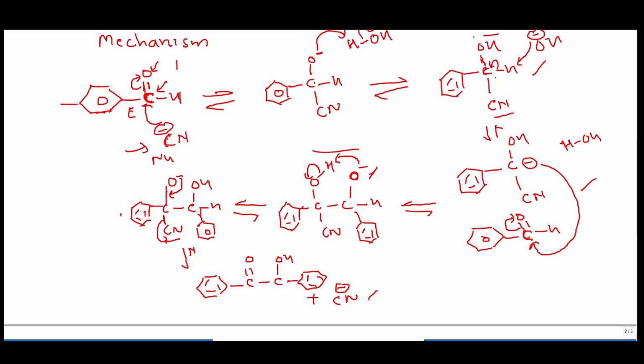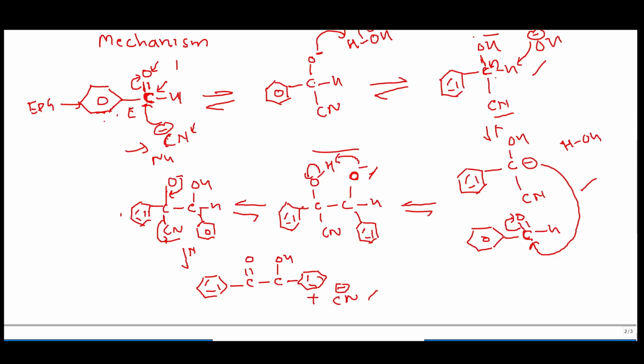If you attach an electron donating group here at the para position, it will supply electron density to the carbonyl carbon, making it electron rich. An electron rich carbon is not a good electrophile. So, it may not be attacked by a cyanide ion. So, if you attach an electron donating group at the para position, the first step may be retarded, because the carbonyl carbon may become a weaker electrophile.